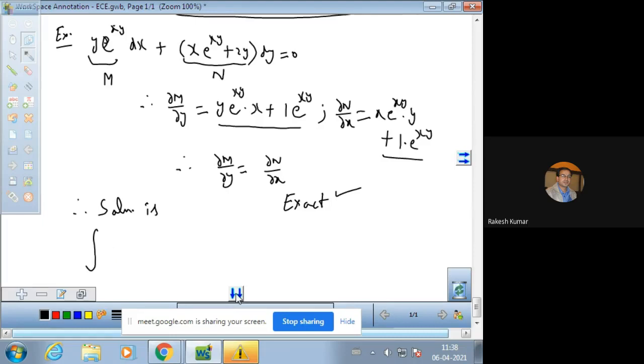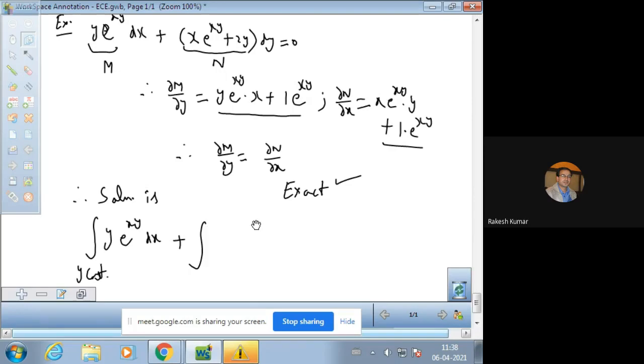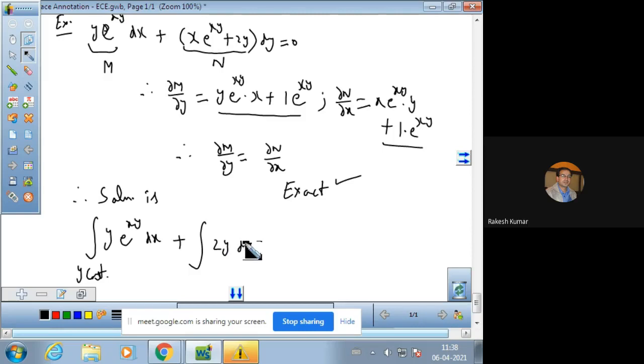integration of m with respect to x. So that is y e raised to power xy into dx, y can be kept as constant, plus terms of n not containing x. So in n, if there is any term which does not contain x, here there is none. If there is no such term, then we take zero.